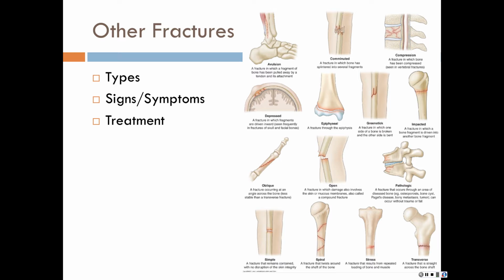A lot of times, you have to think about whether they have osteoporosis or tumors or things like that. There could be something that's weakening the bone so less force is needed to break it. But a lot of times it's just some sort of a force that causes a break in the bone, and that's the in and out of the pathophysiology map.